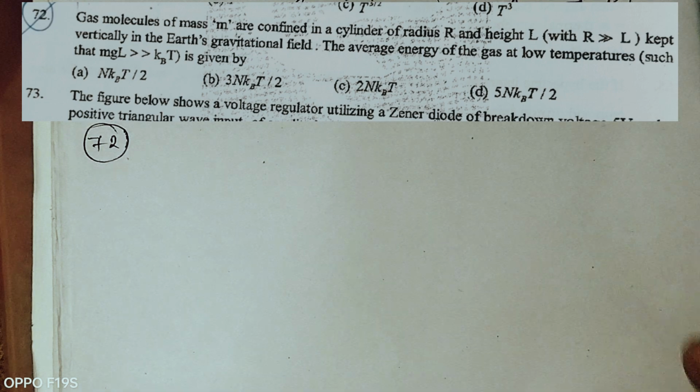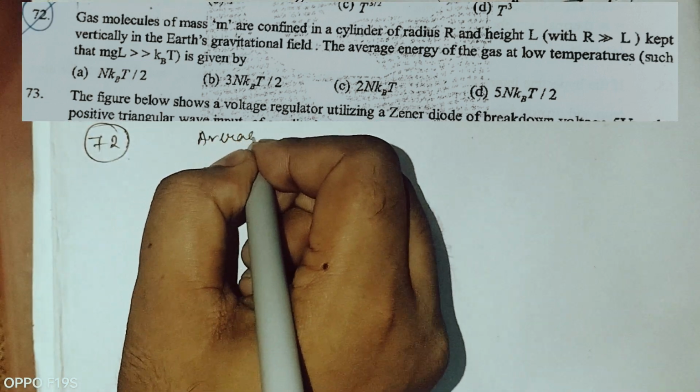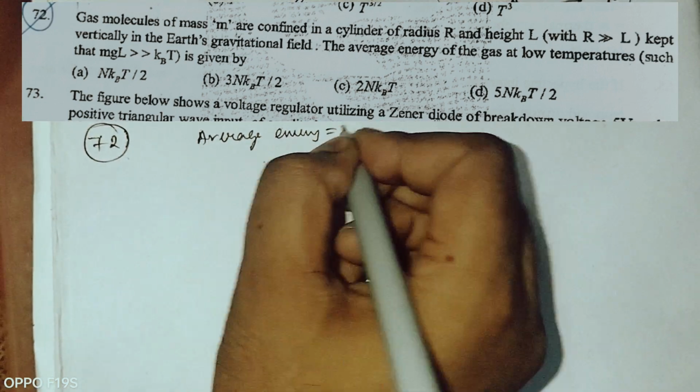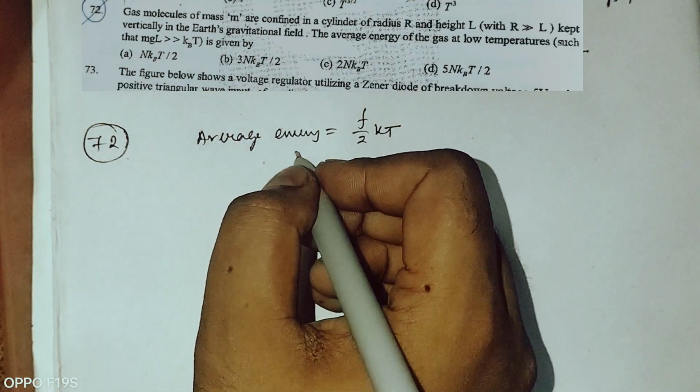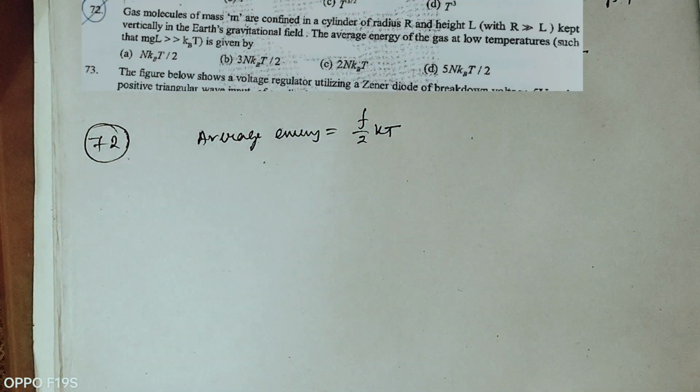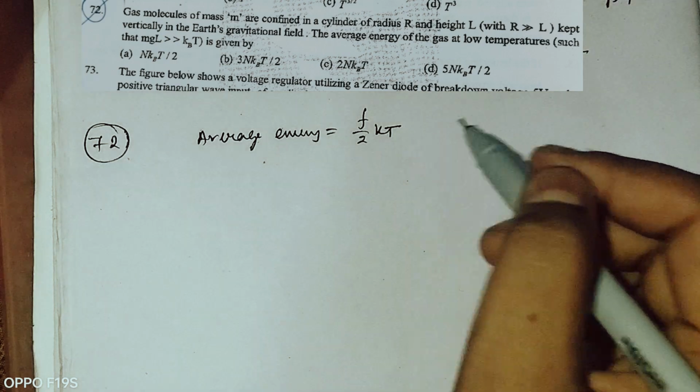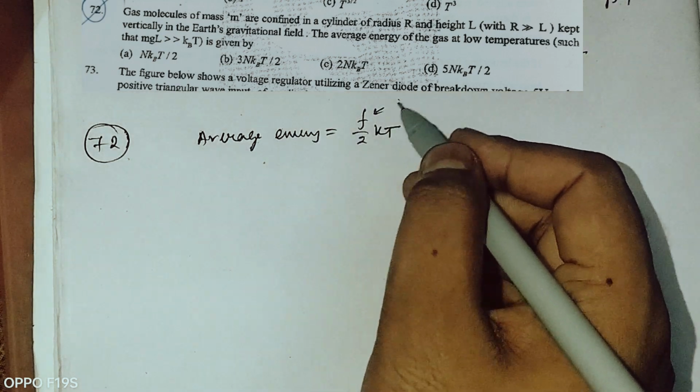So you know average energy equals f by 2 kt. For low temperature, because it is said that this whole system is at low temperature, only the translational motion will come, no rotational motion, so the degrees of freedom f equal to 3.